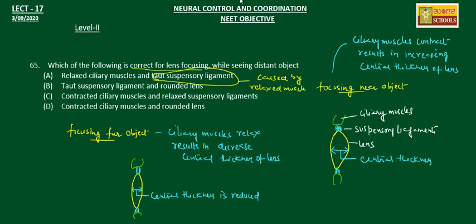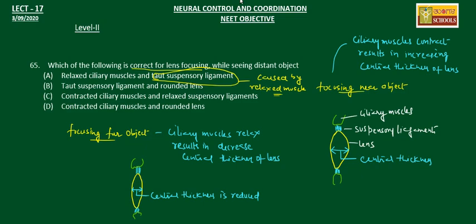Okay, so as I mentioned, which of the following is correct for lens focusing while seeing a distant object? Focusing a far object results in the ciliary muscles relaxing, and that is what helps in the taut suspensory ligament, caused by the relaxed muscle. So the first option is the right option.